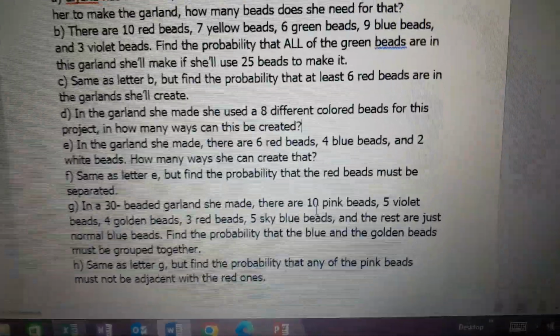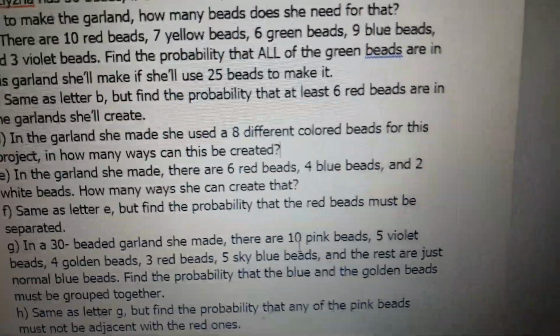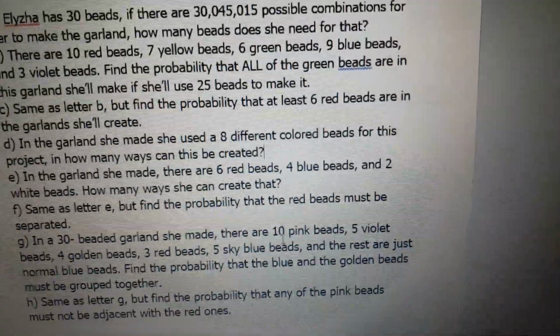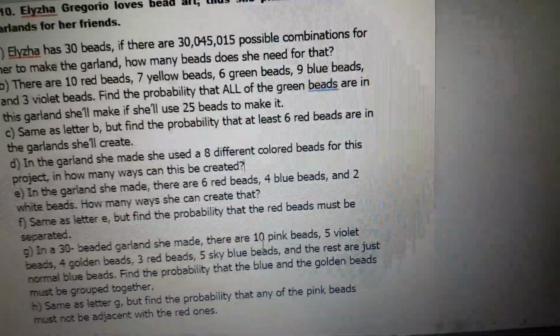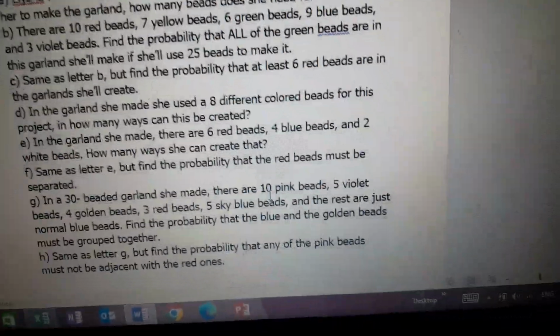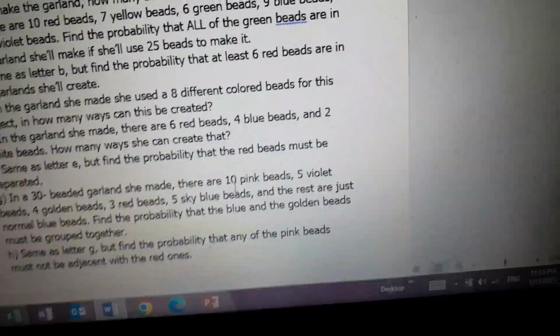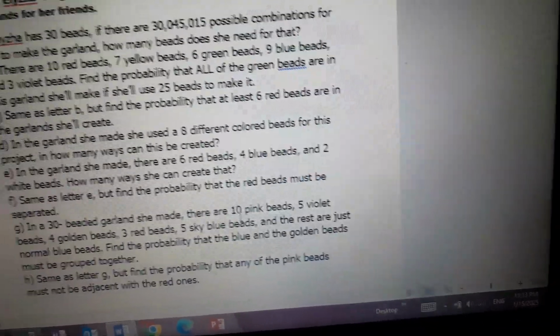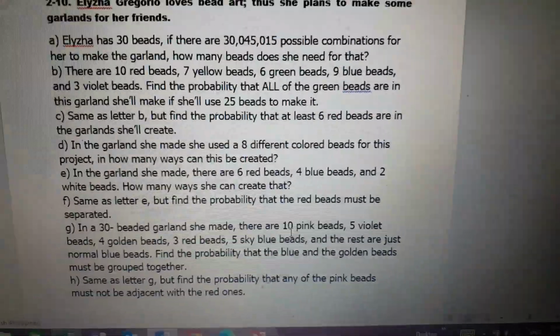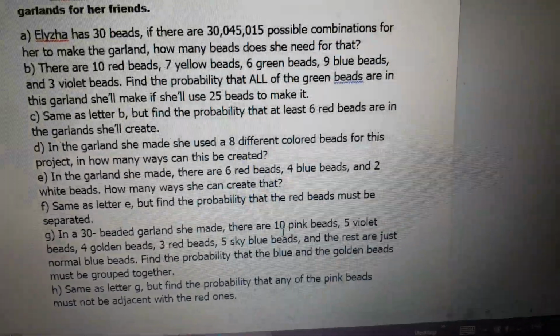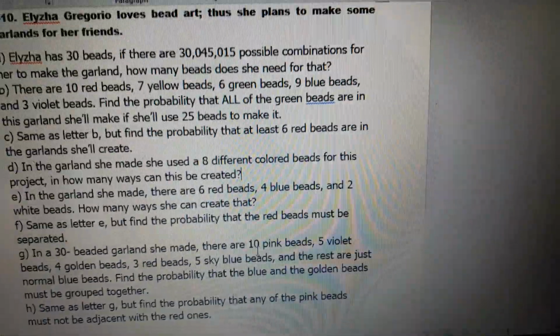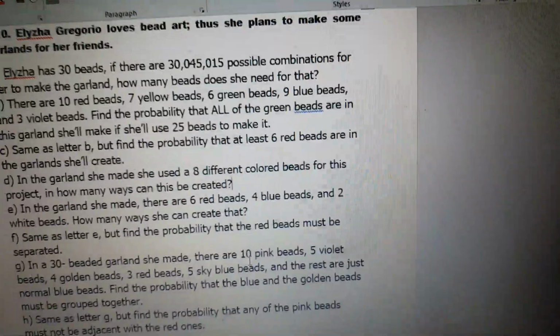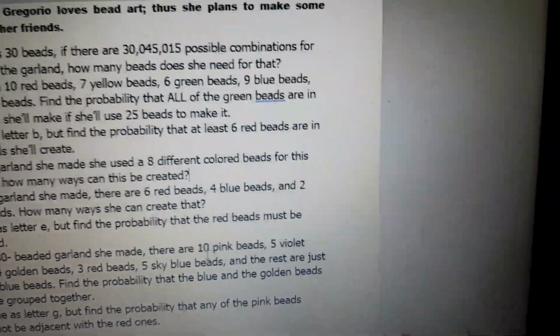Ayan, di ba remember, there are 6 red beads, 4 blue beads, and 2 white beads. In how many ways can she create that? Di ba remember, that is what you call this, anong tawag dyan? A combination method. Ano tawag dyan? Factorial method. Di ba remember, there are 6 red, 4 blue, and 2 white beads.